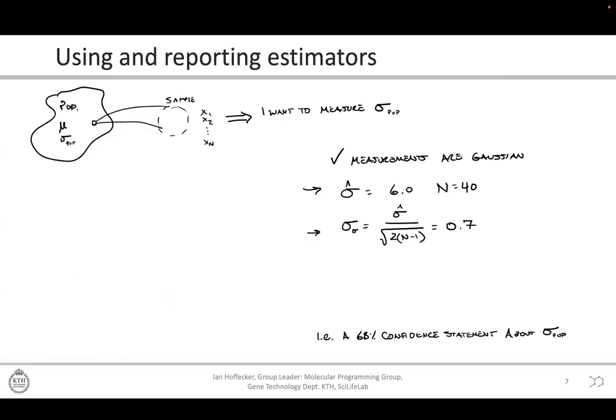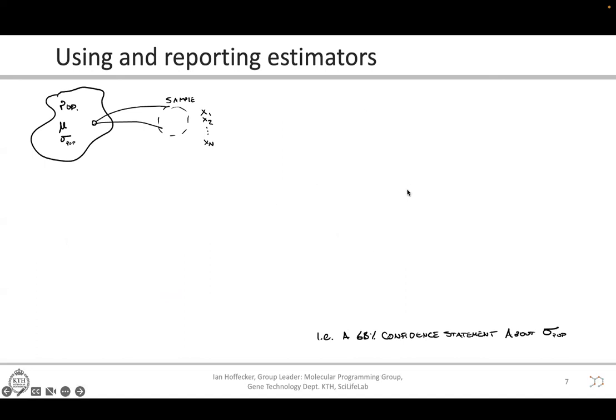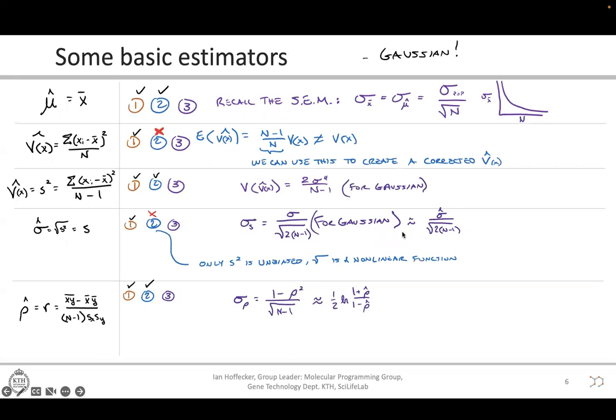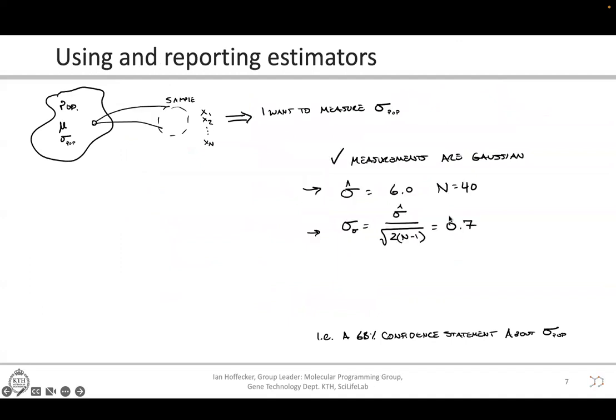And that itself is subject to some sigma, which again, we have here if we go back to this table. So the sigma of sigma hat has this description here.